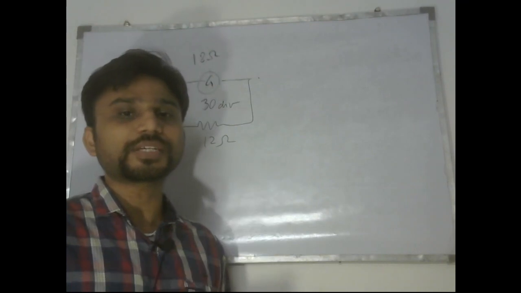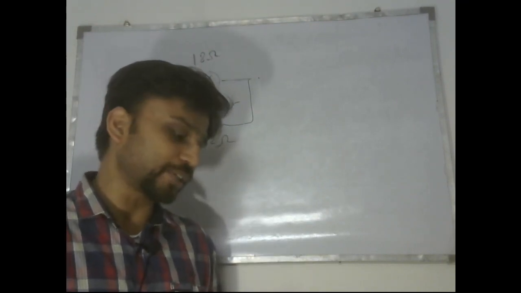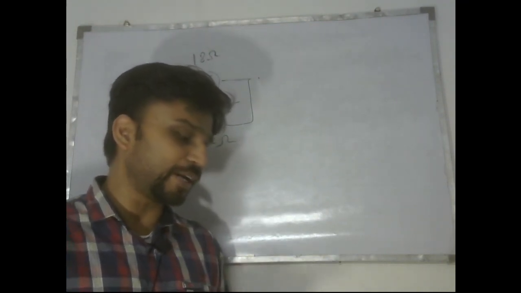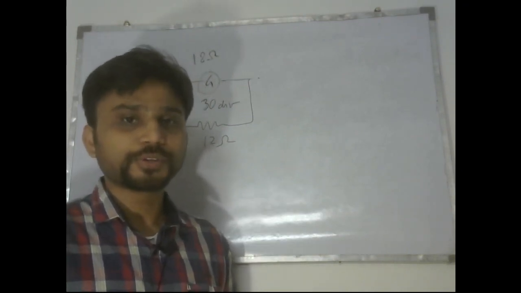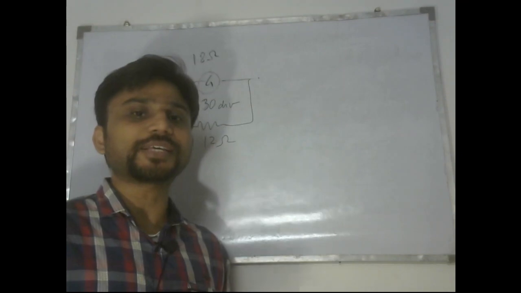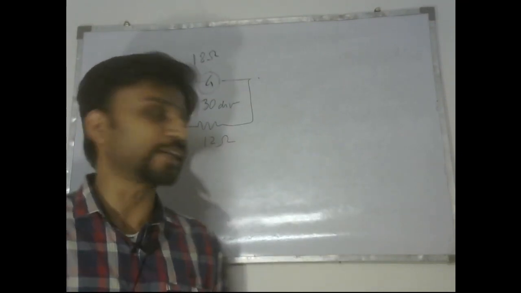But all the options are 0, 10, 12 and 18. That means that is not the case the question is referring to. So we have to assume that instead of the constant voltage case, it is a constant current case.